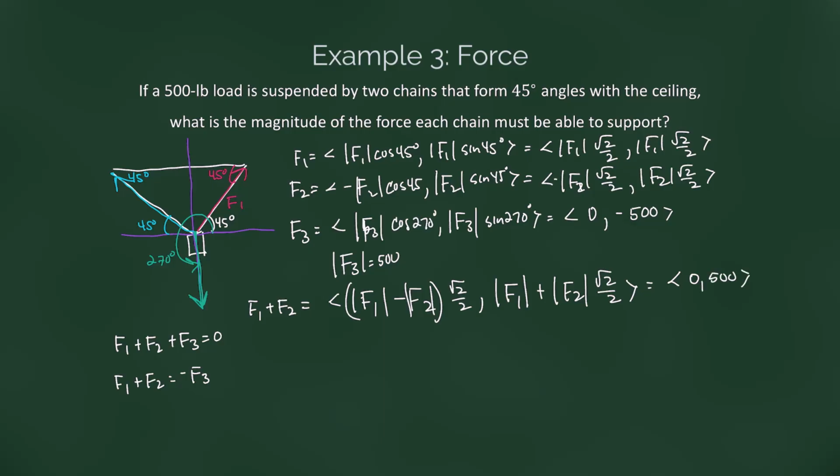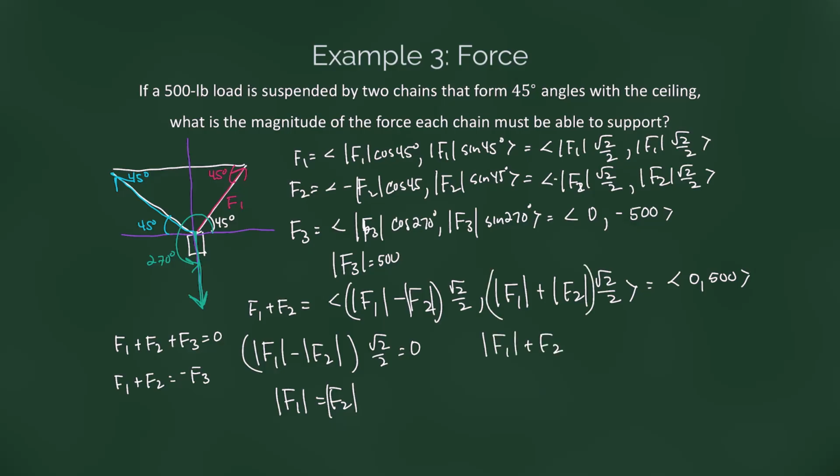So now we know that the magnitude of F1 minus the magnitude of F2, times root 2 over 2, equals 0. That tells us that the magnitude of F1 and the magnitude of F2 are the same, which hopefully is fairly obvious to you from the picture. And we also get that the magnitude of F1 plus the magnitude of F2, this should have had parentheses around it, times root 2 over 2 is equal to 500.